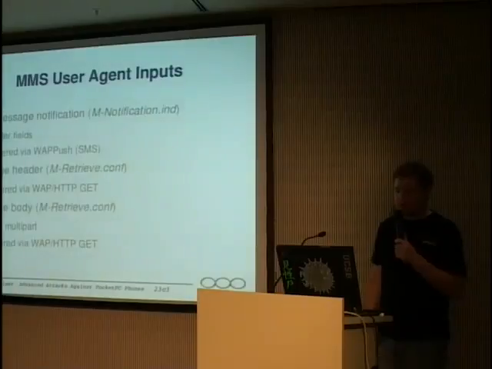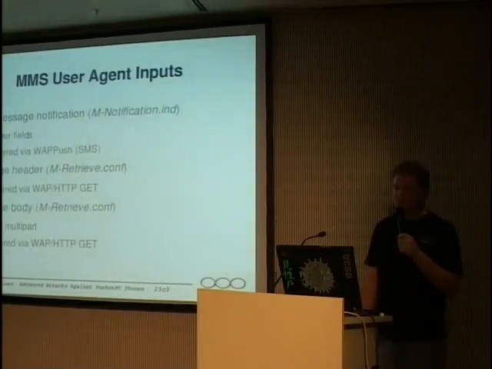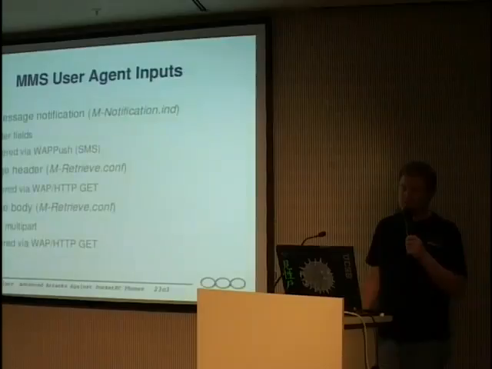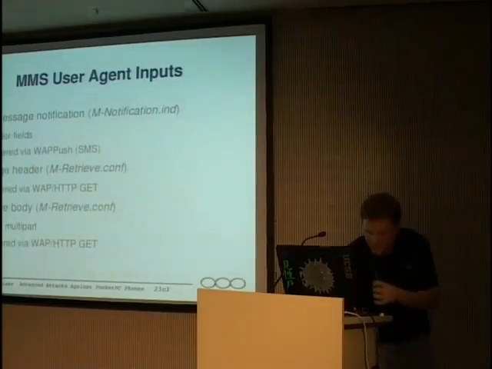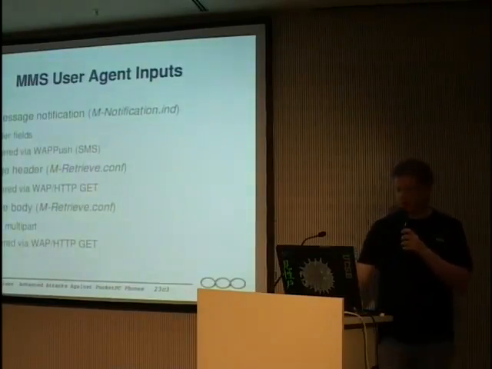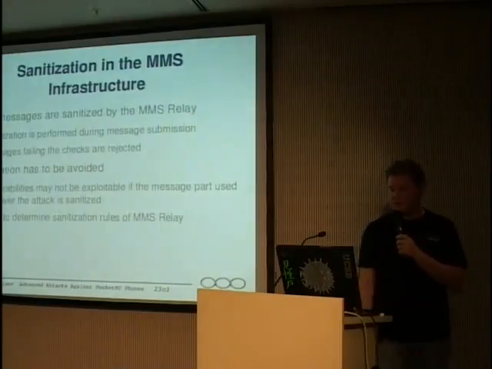And then we have the actual message body, which I took as a separate part because the encoding is totally different, and as we found out, most MMS providers don't look into the body, so you can place anything you want into the body. It's also carried over WAP HTTP GET.